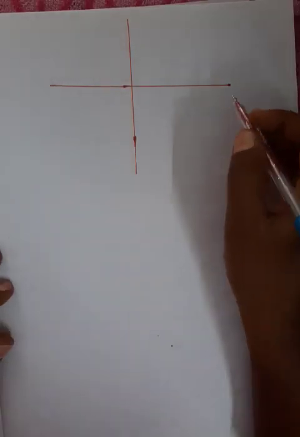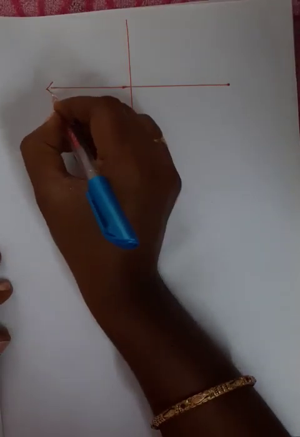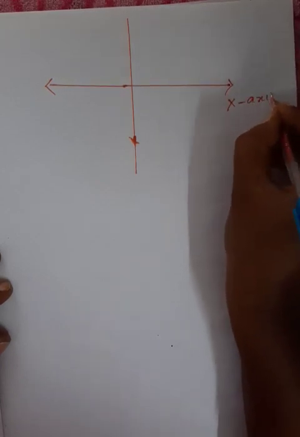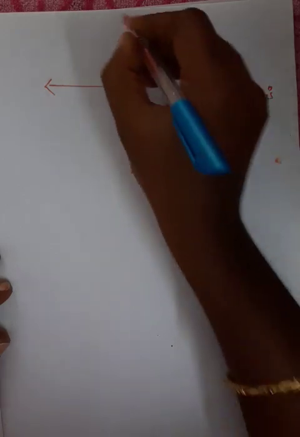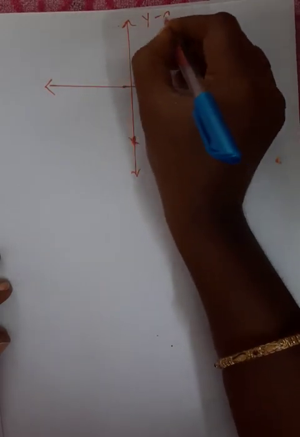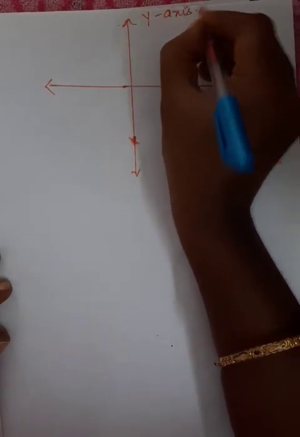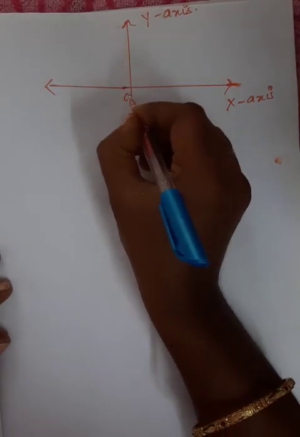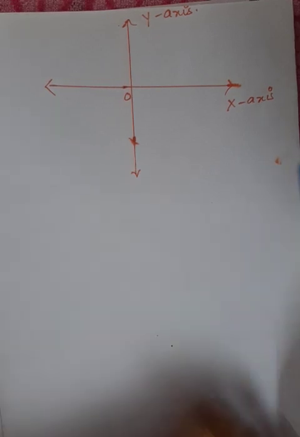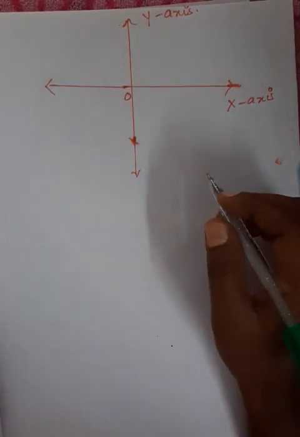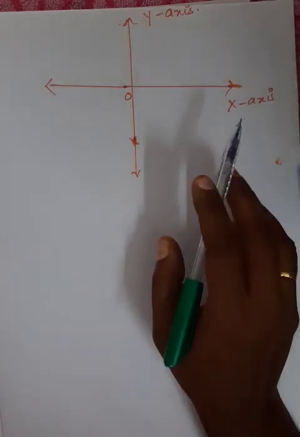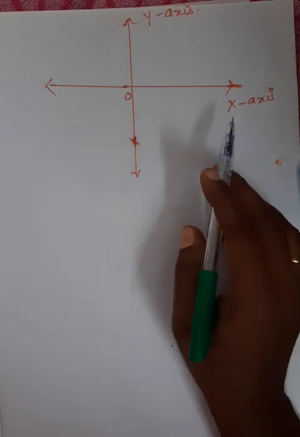Now let us see one table. So this horizontal line we should call it x-axis. This vertical line we should call it y-axis. And the intersection of x-axis and y-axis should be called the origin, denoted with O. So here this total plane is divided into 4 equal parts by drawing x-axis and y-axis.